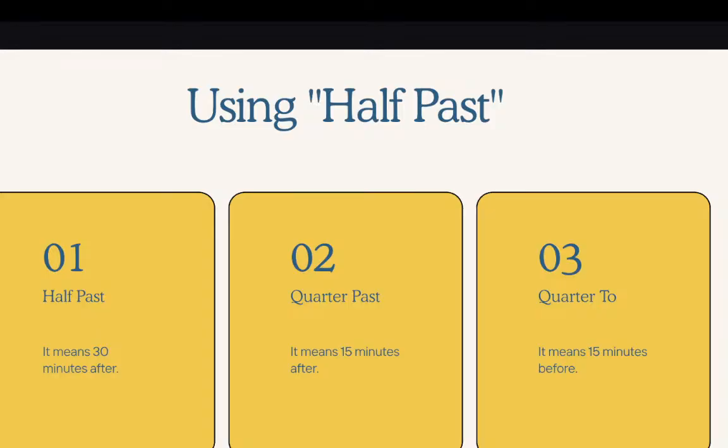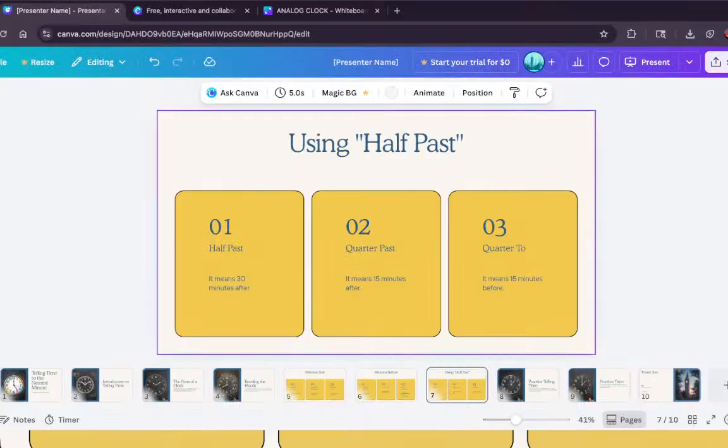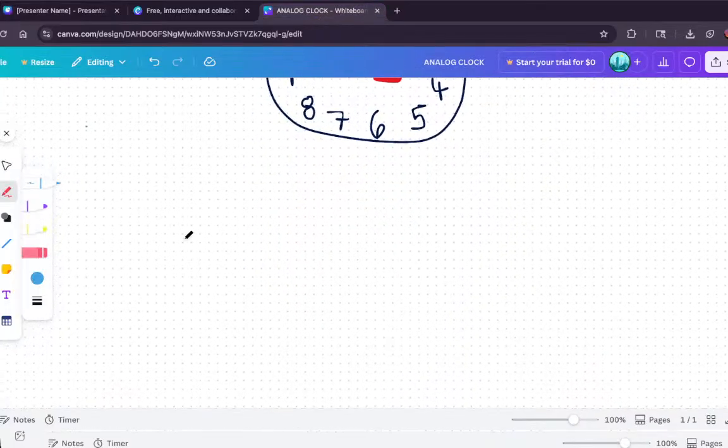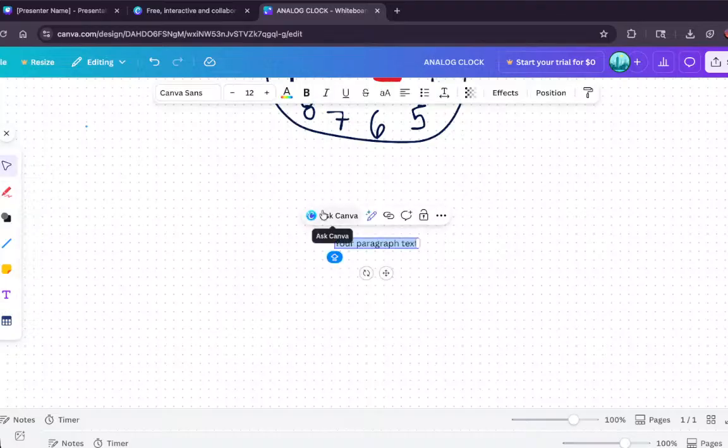The second phrase is quarter past. A quarter means 1/4 of something. Let me write this down as well for you. Here, first let us go over the 3 main special phrases. Okay, I'll write this for you.